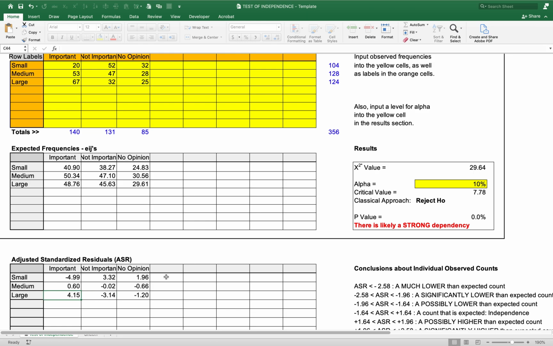So it's the exact opposite here. What's interesting is that in the medium-sized businesses, there's really no significant differences here.